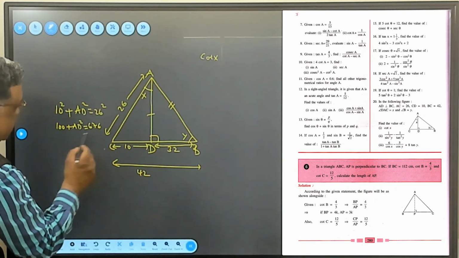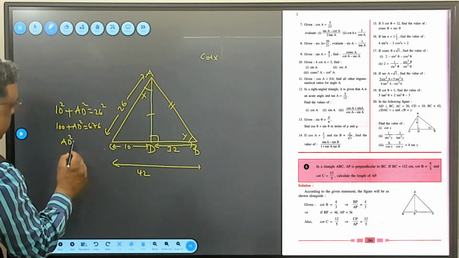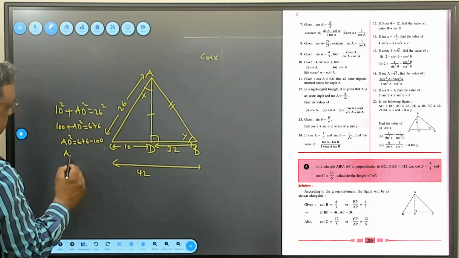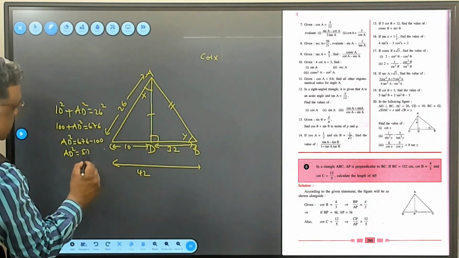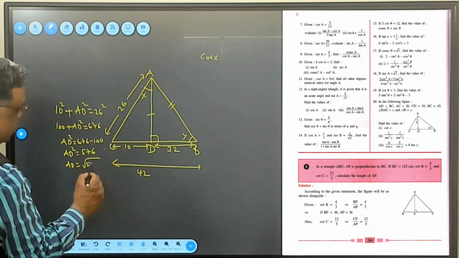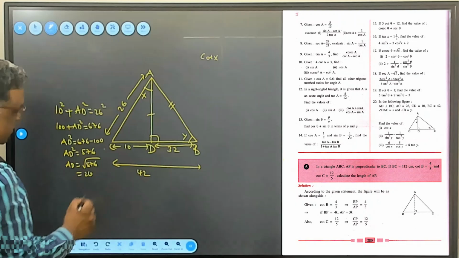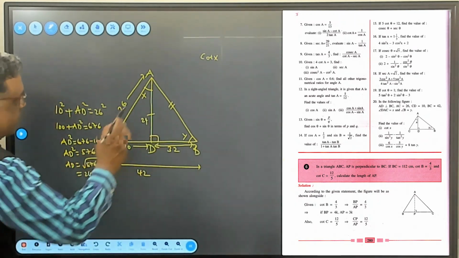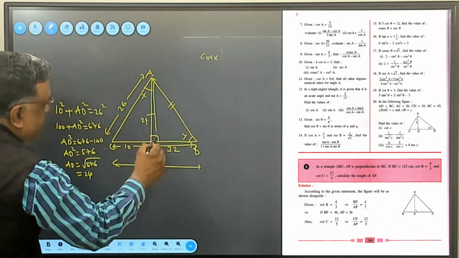If I take 100 to that side, AD square will become 676 minus 100. So AD square will become 576, which means AD will become square root of 576, which is nothing but 24. So I found AD, which is 24.